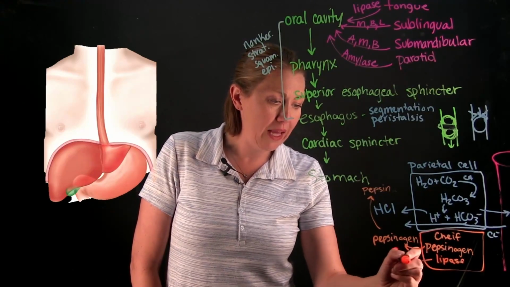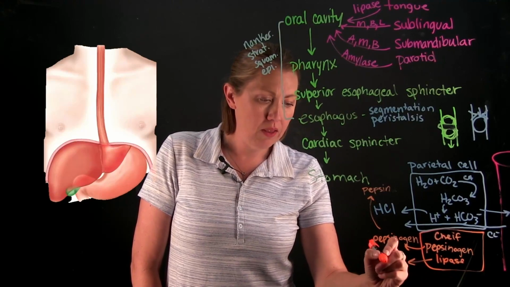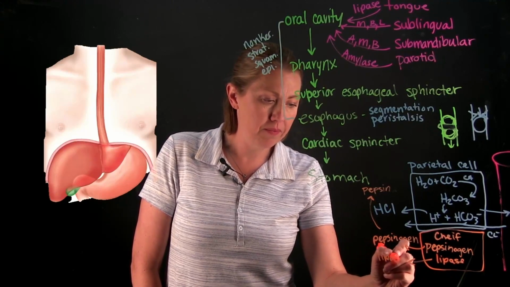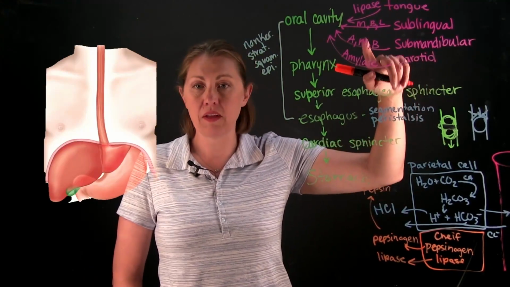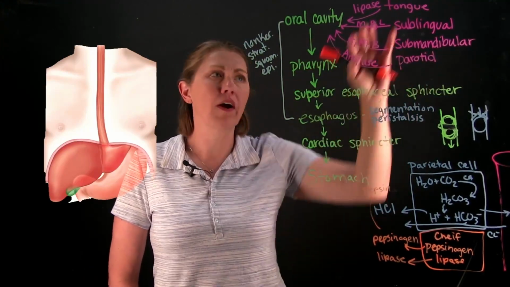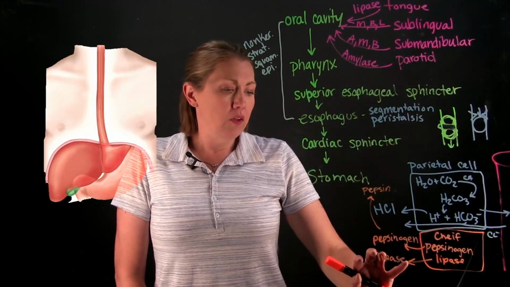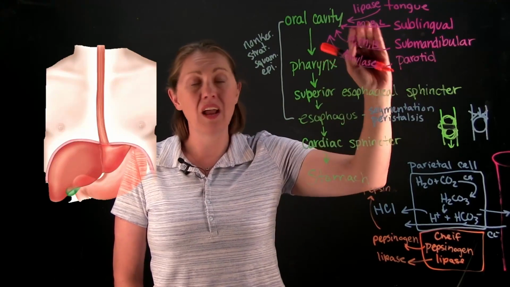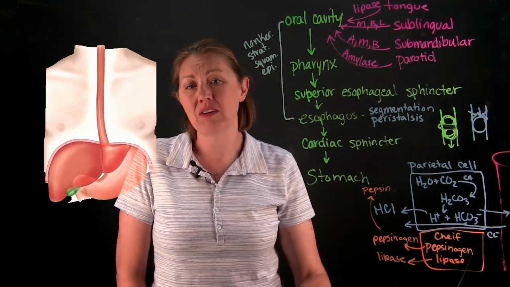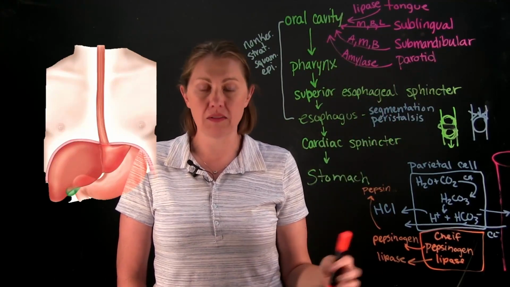So you will still be able to digest lipids. This one just works in the acid environment. And again, we call this one gastric lipase because this one was our salivary lipase, or sorry, lingual lipase. So here we're going to release a protein digester and a lipid digester. We won't get another digester for carbohydrates until we move into the small intestine.